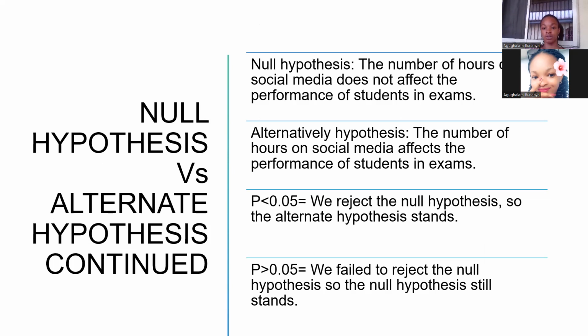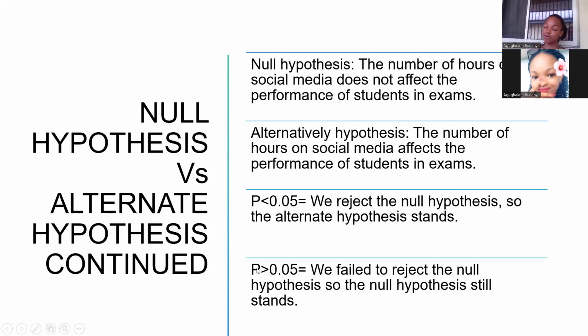And then the alternate hypothesis is that hours spent on social media affect the performance of students in exams. So now you run your analysis, you run your test statistics, and you get a p-value that is lower than your significance value. If we get a p-value lower than significance value, we reject the null hypothesis. And so the alternate hypothesis stands that social media spent affects performance of students.